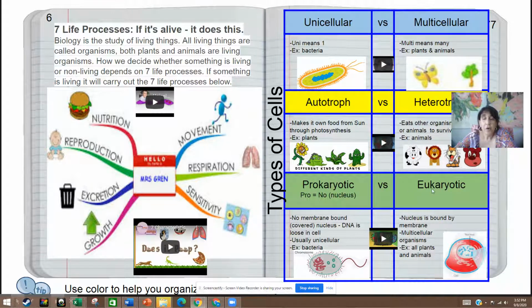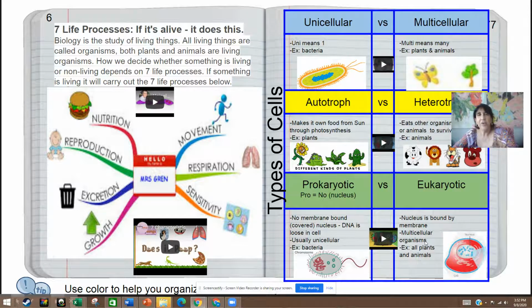Eukaryotic cells are just the opposite. They do have a nucleus that is covered in a membrane, some kind of covering that protects it. It holds all the DNA in one place, so it's just not floating around. We usually see that in multicellular organisms. They're just more organized. If you compare a butterfly to a bacteria, this is just a higher level organism than bacteria.